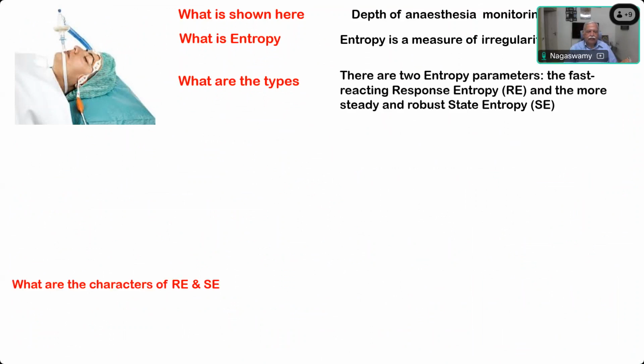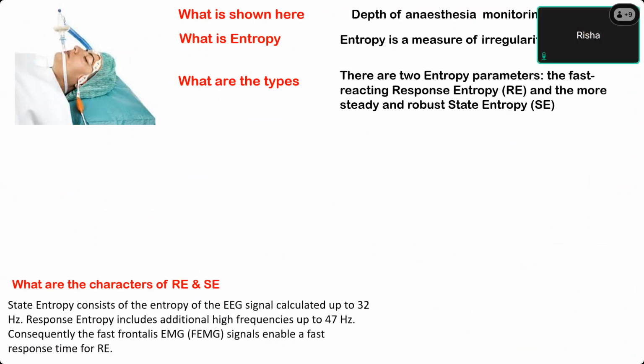What are the characters of response entropy and state entropy? From which part of the body do you get the response entropy when you apply the electrodes there? The brain. Cortical areas.